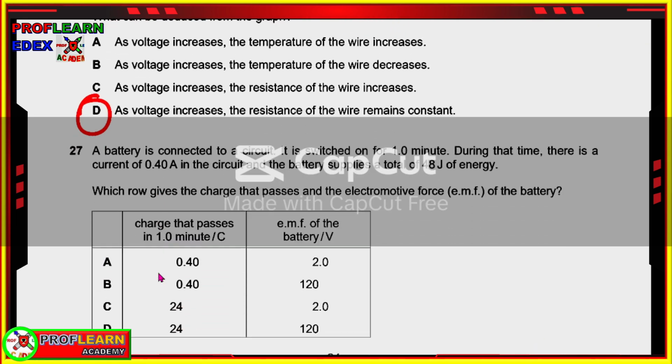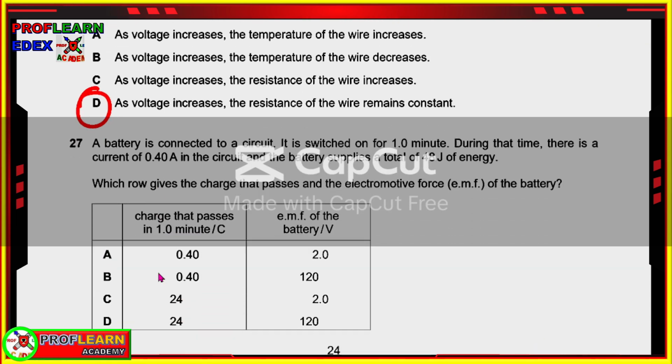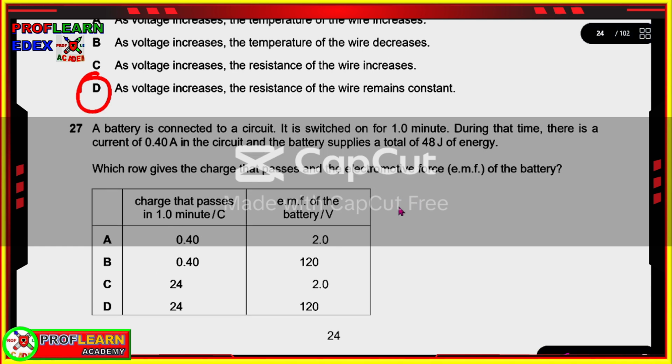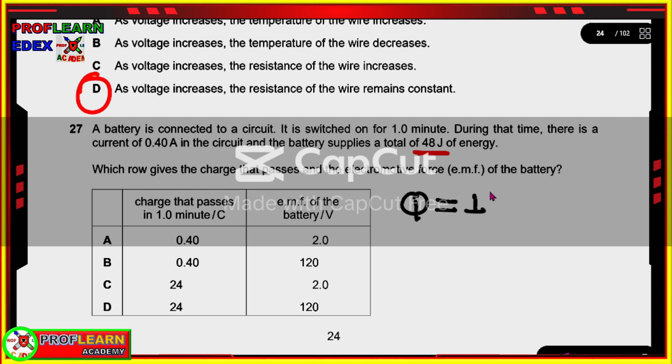A battery is connected to a circuit and switched on for 1 minute. During that time, there is a current of 0.4 amperes and energy of 48 joules is supplied. So we can say charge is equal to I times t. We are told time is 1 minute, and 1 minute is equivalent to 60 seconds.